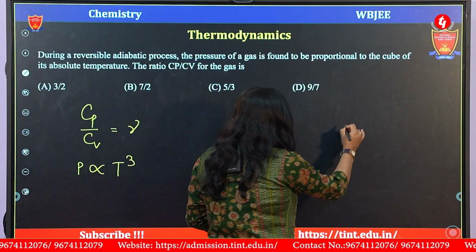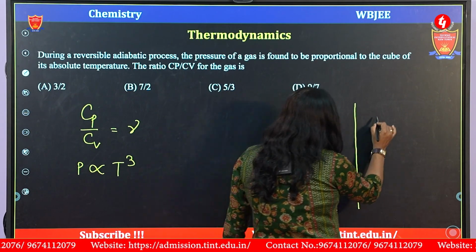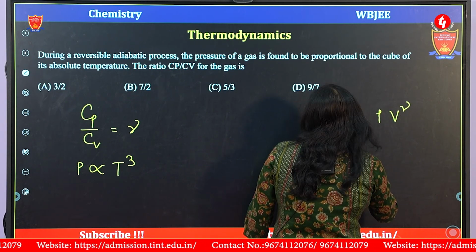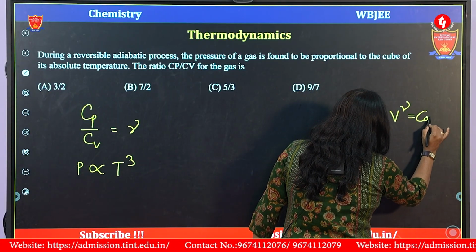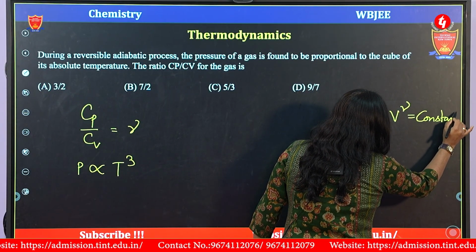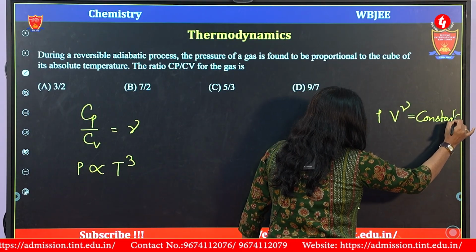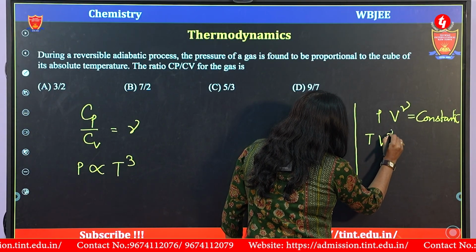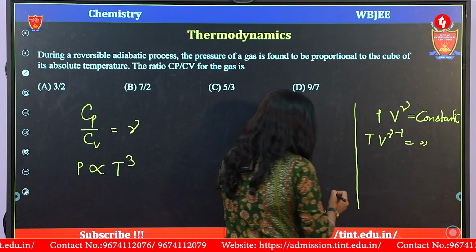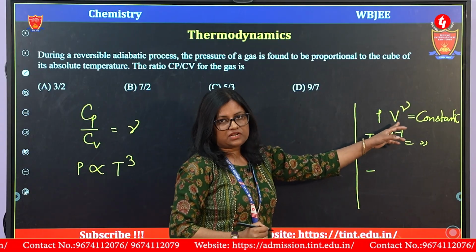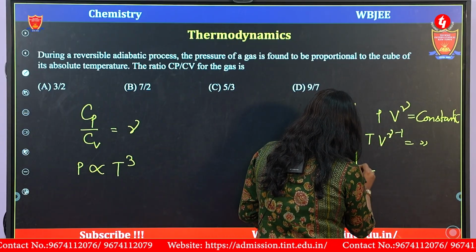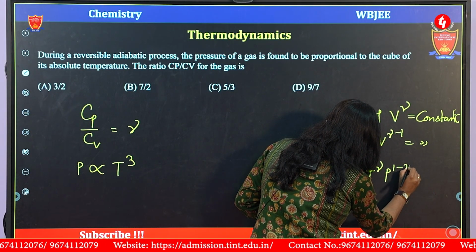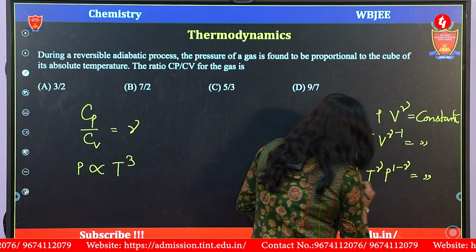You must remember, for a reversible adiabatic process, the pressure volume relation is P V to the power gamma equal to constant, T V to the power gamma minus 1 is equal to constant. This is the temperature volume relation, and the pressure temperature relation is T to the power gamma P to the power 1 minus gamma is equal to constant.